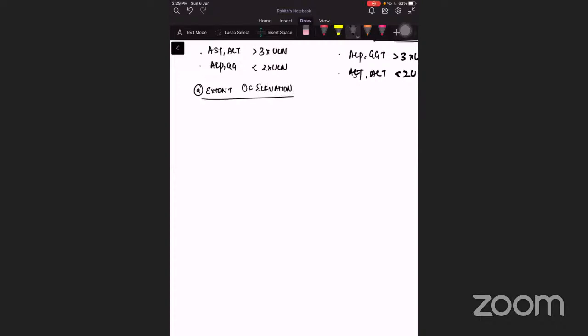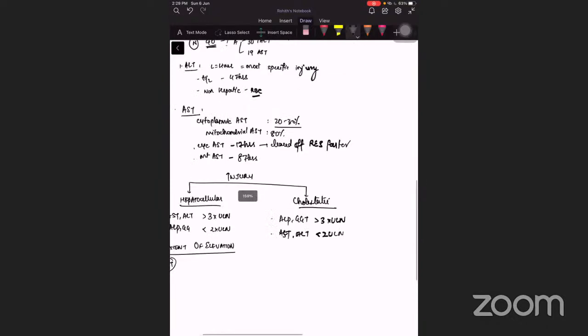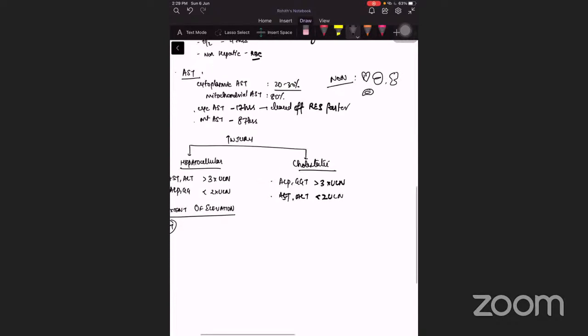So we'll see AST. In AST, one more thing we have to remember is what the non-hepatic sources are. One is in the heart, one is in the brain, one is in the kidney, one is in the RBC. So these are the sources where you get AST also.